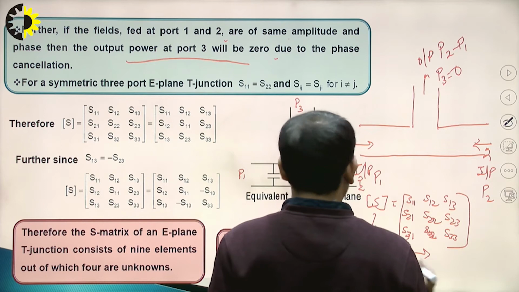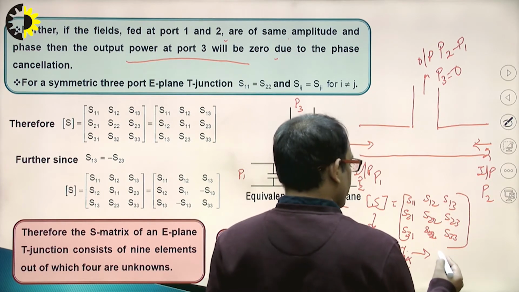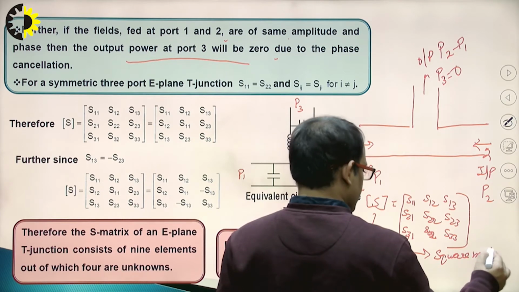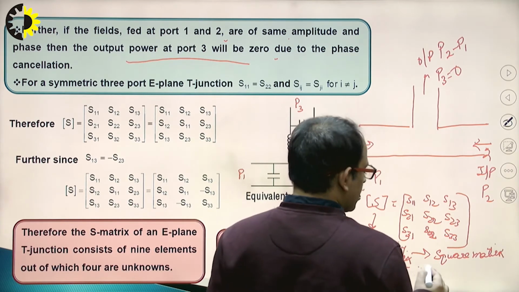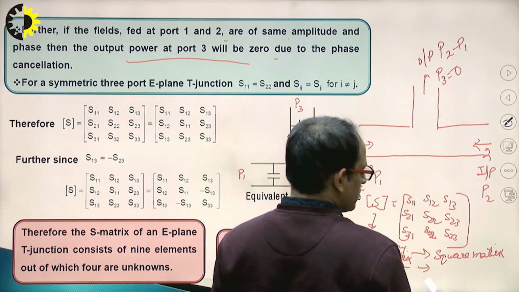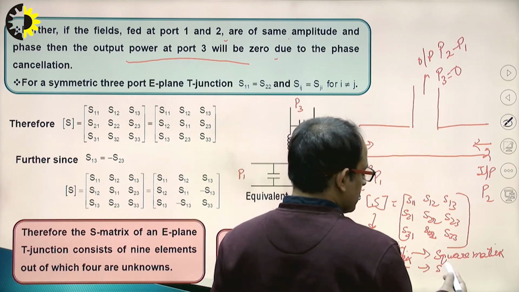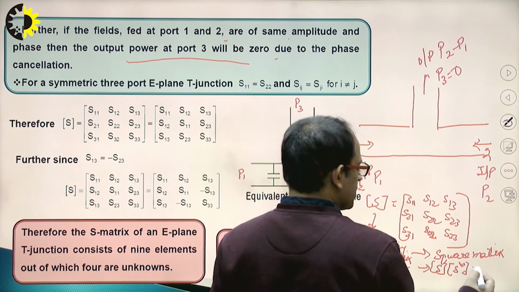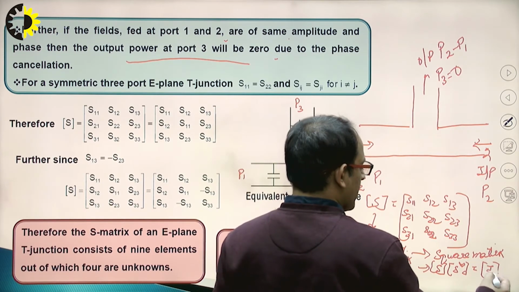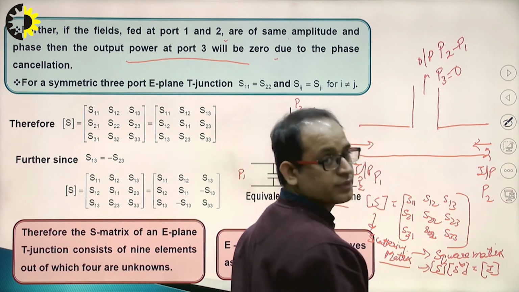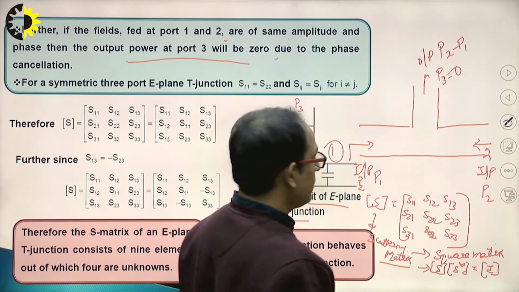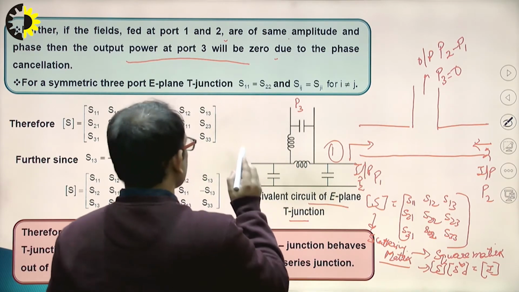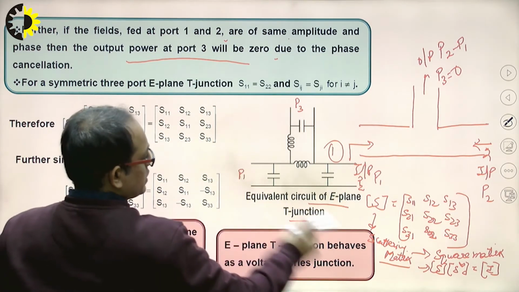Clear? And S matrix will also always be a square matrix. S matrix also has a property that S matrix multiplied by its conjugate will always be equal to the identity matrix. Clear? And also for the S matrix, it is a square matrix.